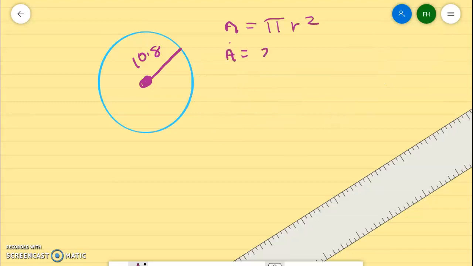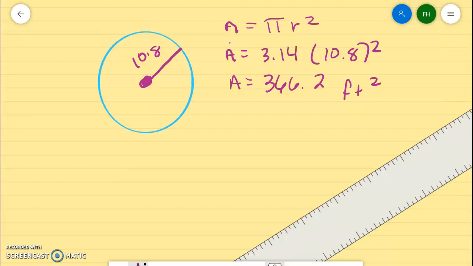So we would do 3.14 times 10.8 squared. And 10.8 squared times 3.14 is 366.2 square feet.